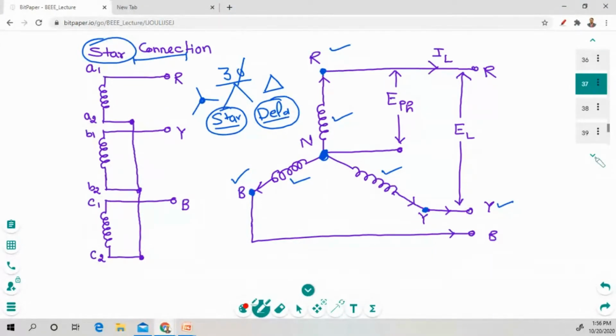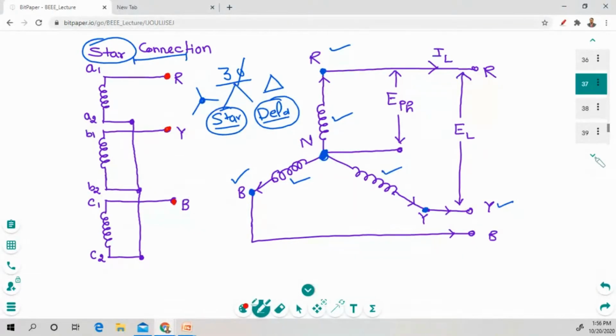So how are these phases generated? As you can see right here, there are three wires: red, yellow and blue. These three wires are present in the star connection. In this diagram, the finish terminals are connected together.